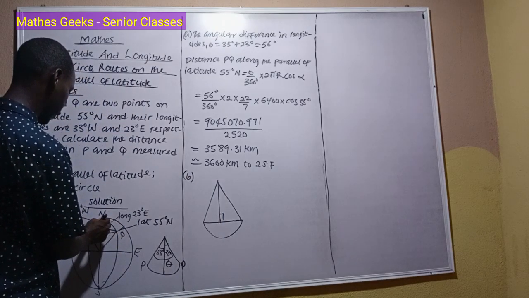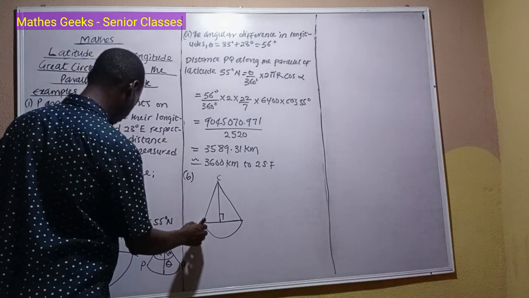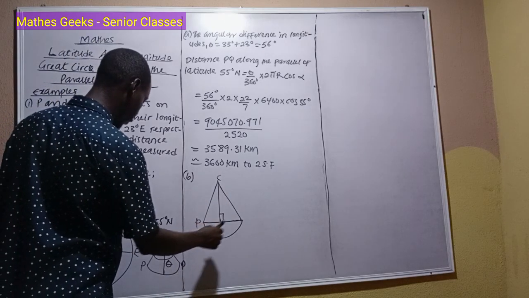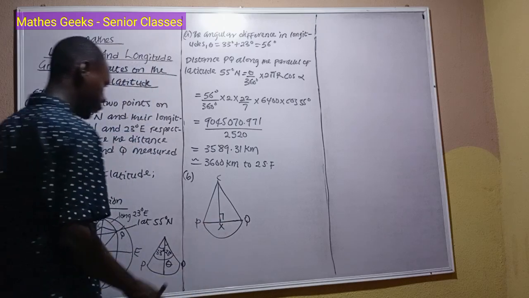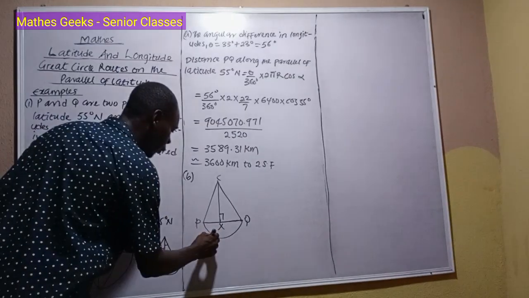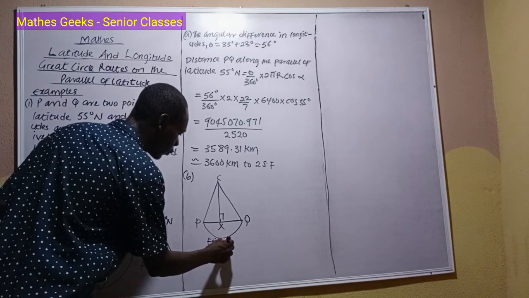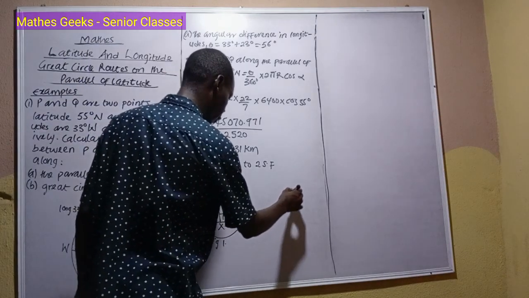Let's say C. So this is C, and then P, Q, and let's say X. Alright, so let's call it figure 1.